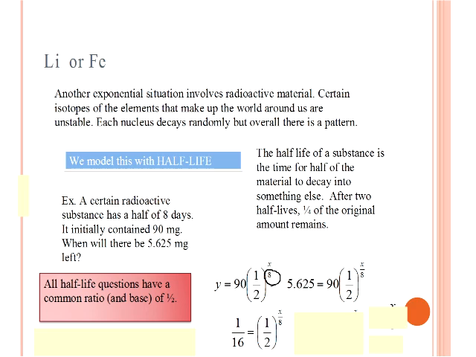I get 1/16 here. If you have to do this on your calculator, which I suspect you would, you're going to look for a button that is F to D or something like this. That's fraction to decimal. Or you might look for a button that looks like this, or B to C. So you would type in 5.625 divided by 90, and then you would hit one of these buttons.